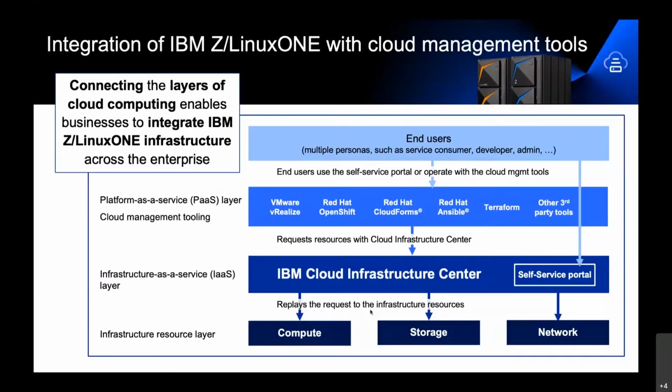So looking at that picture, we have here Cloud Infrastructure Center being the IaaS layer, the infrastructure as a service layer. And below it, we have our infrastructure across compute, storage, and network. And Cloud Infrastructure Center operates to make this infrastructure ready so that it can be consumed by things like an OpenShift, like CloudForms, Terraform, VMware integration, and so on.